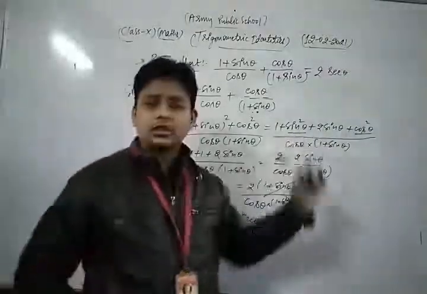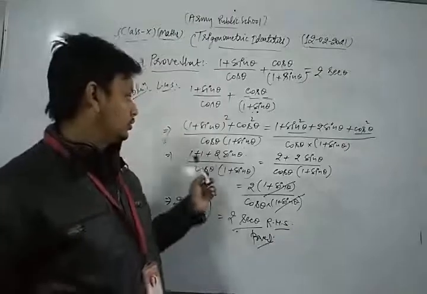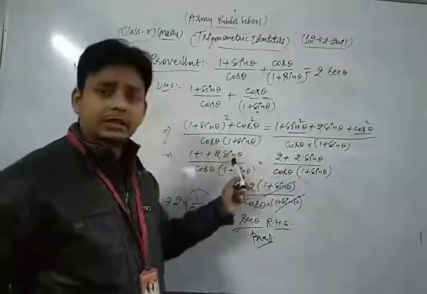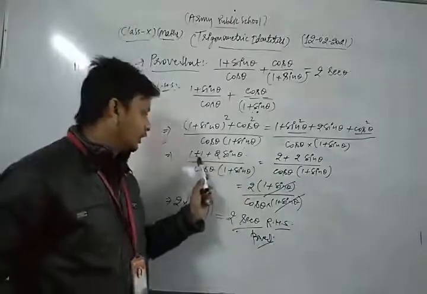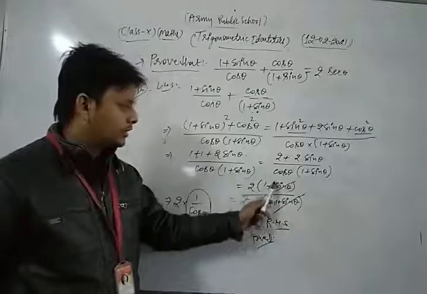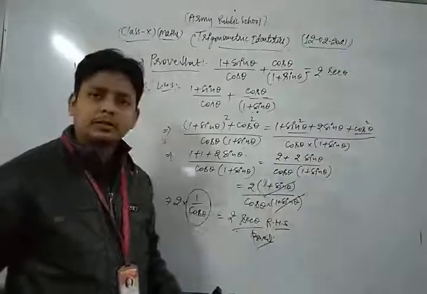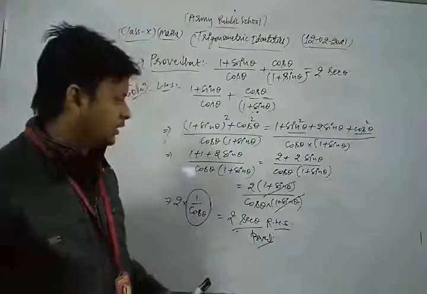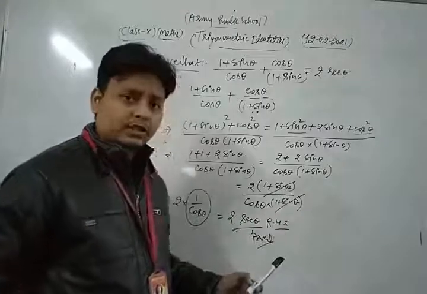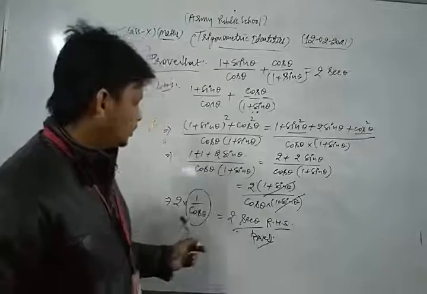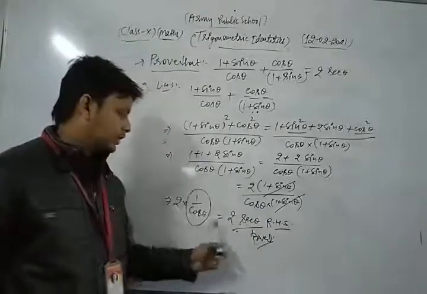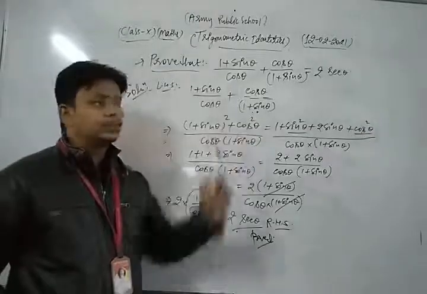Sin square theta plus cos square theta is equal to 1, so 1 plus 1 is 2, and 2 sin theta is written as it is. Now we take 2 as common, so we get 2 into (1 plus sin theta) upon cos theta into (1 plus sin theta). Now 1 plus sin theta cancels, so we get 2 into 1 upon cos theta, and you know the identity 1 upon cos theta is sec theta, so this is our required result.